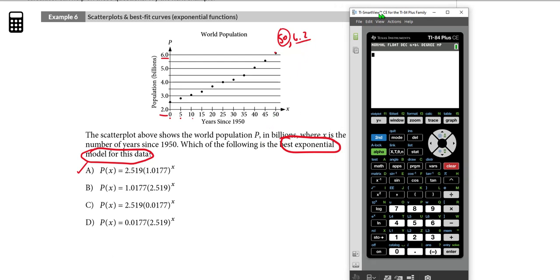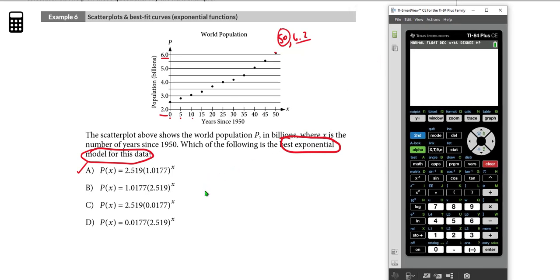A third way is just to know about exponential functions, which again, if you've done section 16, you would know some of this stuff. First things first, we can see that we are getting 0, 2.5 as our y-intercept. That means when 0 goes in for years since 1950, which is the X, 2.5 should come out.